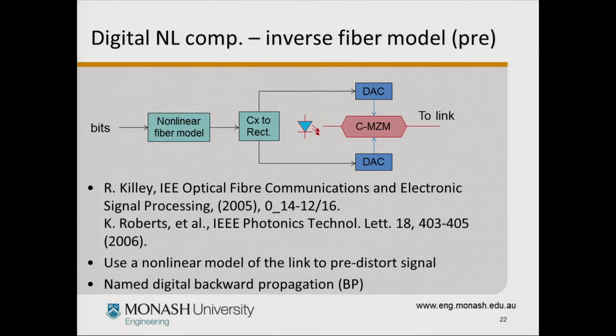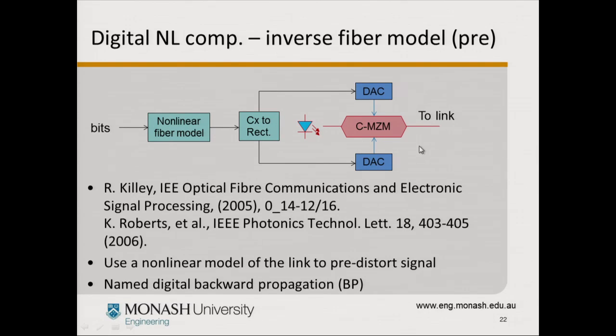So in such a link, it was proposed by Kelly and Kim Roberts in 2005 and 2006 to use this split-step model at the front of the link. So you generate your bits, and then you pre-distort the signal before you go to your DAC, which drives your optical modulator.